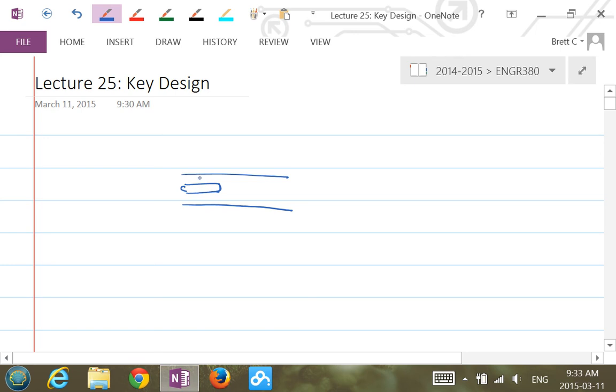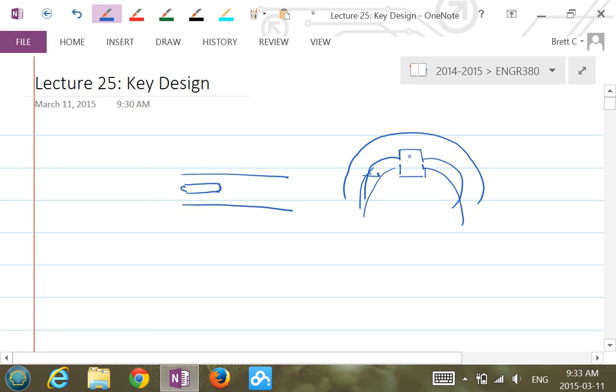And if the shaft is carrying a certain component, and this is probably the hub, it's just exploded here.